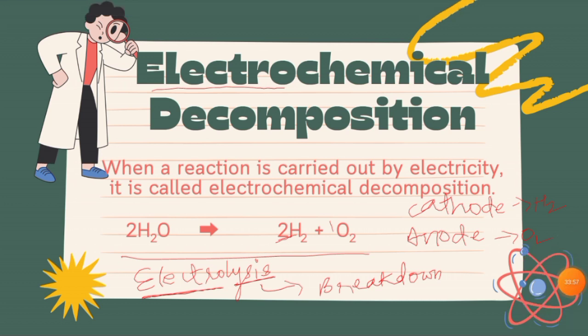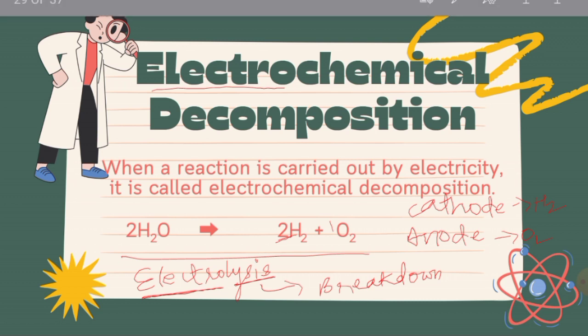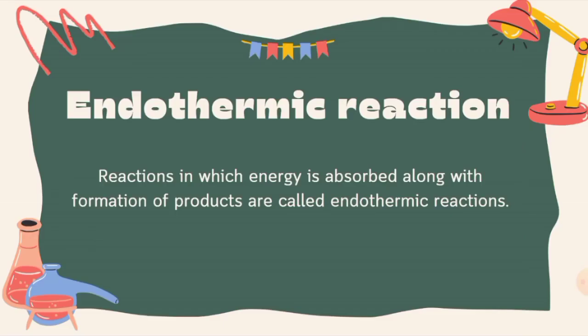Now in all of these decomposition reactions we have seen one thing common. What is it? Obviously only one single reactant is getting converted into multiple products, but we are giving energy in some form or the other. So that is an endothermic reaction.